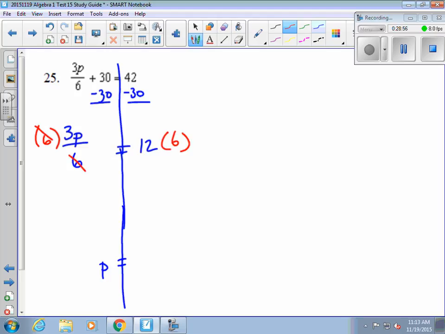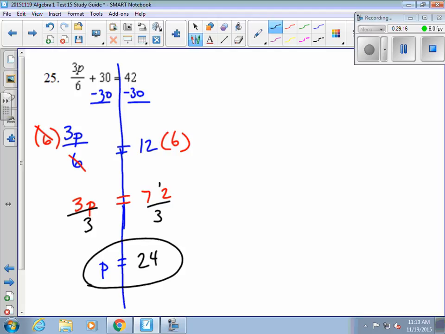It'll cancel this. 6 times 2 is 12. Carry 1. 6 times 1 plus 1 is 72. So now you have 3p is equal to 72. Undo 3 times something by dividing by 3. If you do it to the left, do it to the right. 3 goes into 7 twice, and there's 1 left over. It goes into 12 4 times. So p's value is 24.